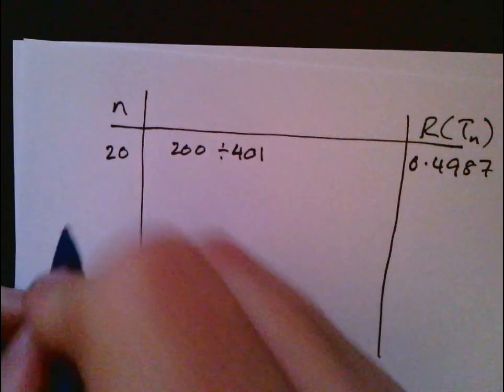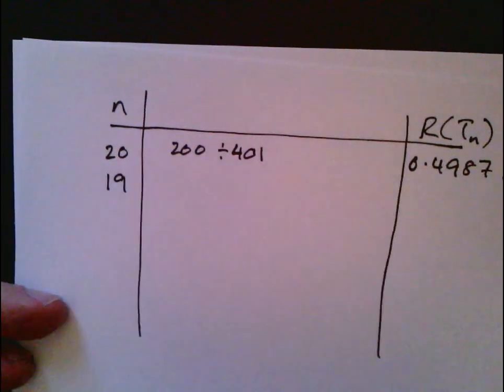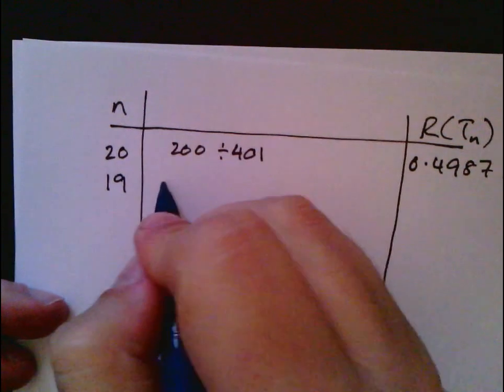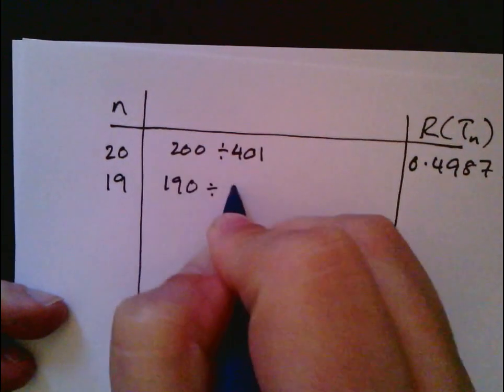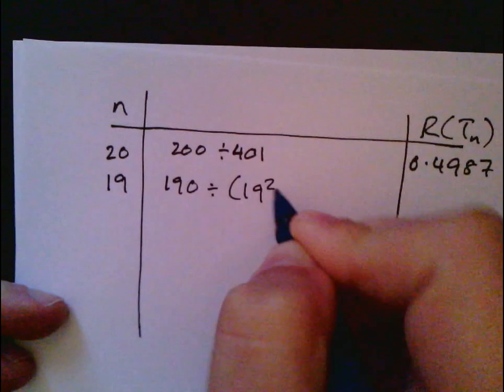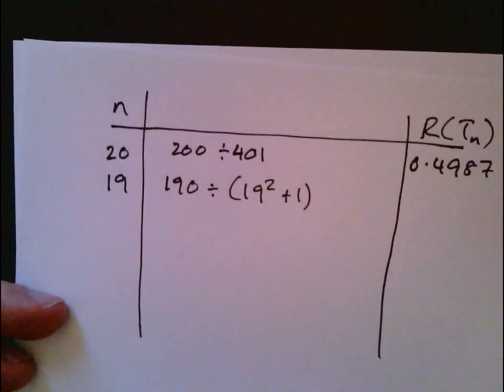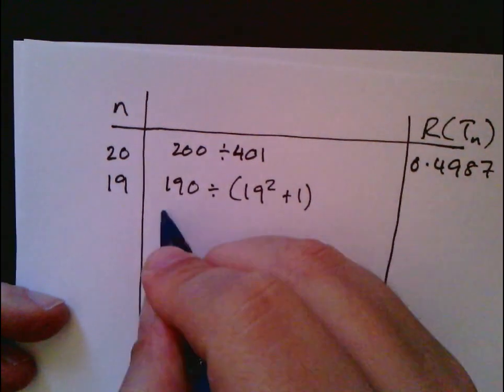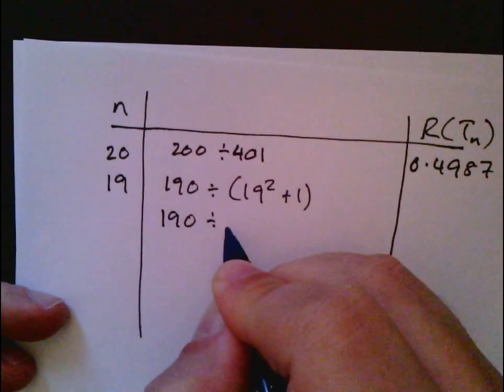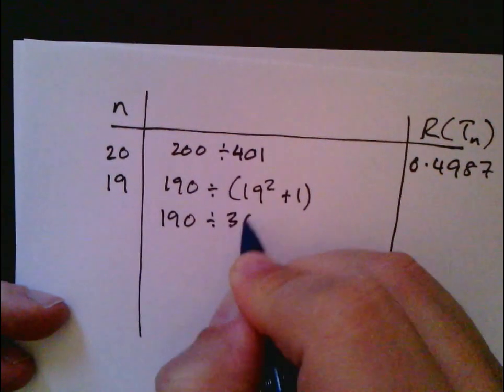So we need to see whether 19 actually happens before it. So 19, we get 190 divided by 19 squared plus 1. 19 squared is 361, so plus 1 is 362.